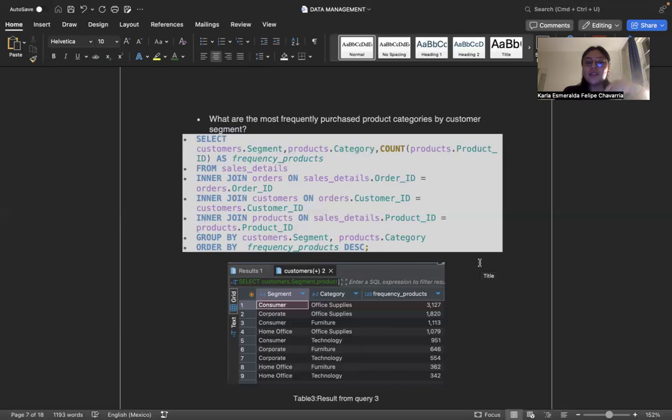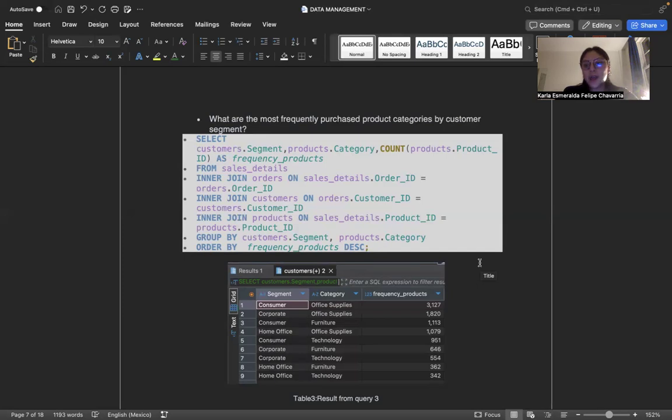And then with this already done, I had to put together the customers table with the orders table with the customer ID. And lastly, only join the products with the sales, like the first table with the product ID.